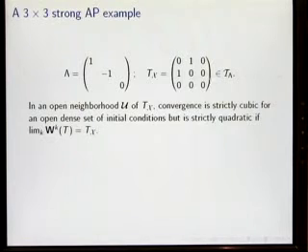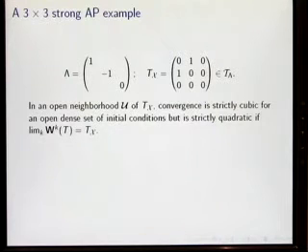And in the neighborhood of this matrix, this is a very nasty matrix for Wilkinson's iteration. In the neighborhood of this matrix, well, convergence is cubic in an open dense set. Cubic convergence is a rule, okay, it's what you would expect.